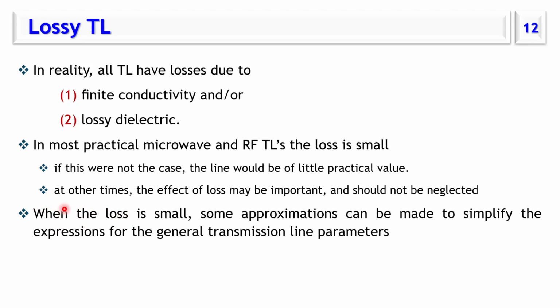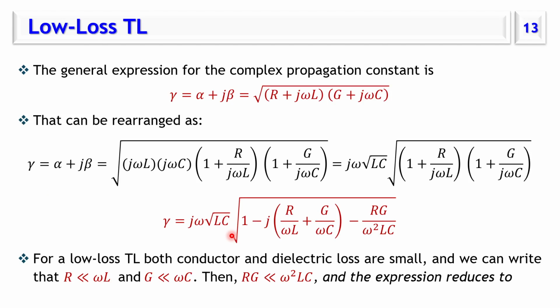In the case of small losses, there are some very common approximations that we make to simplify the expressions, and we're going to do this right now. The general expression for the propagation constant gamma is composed of two parts, the attenuation constant and the phase constant, and it is related to this expression here.